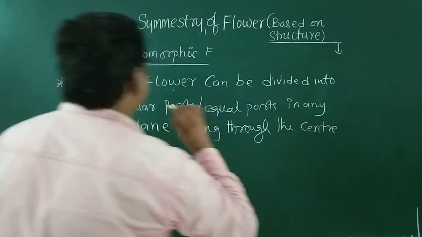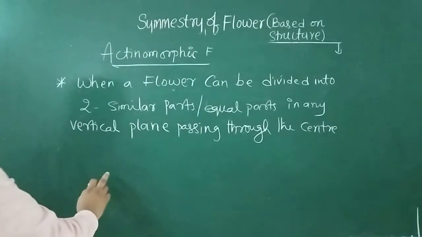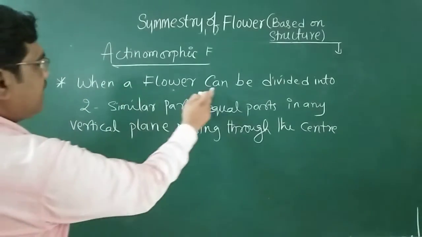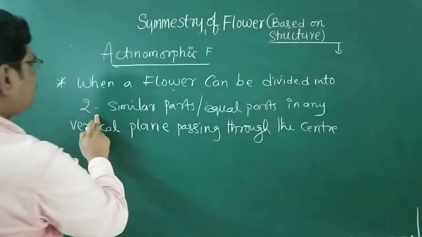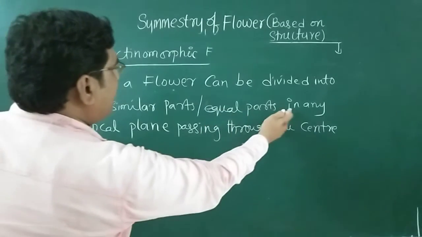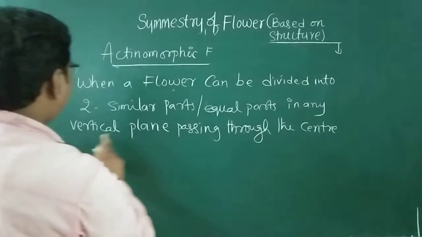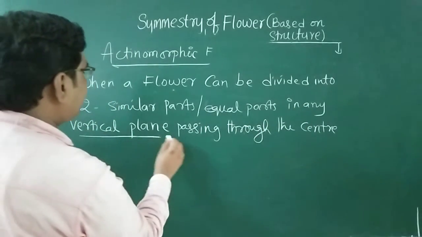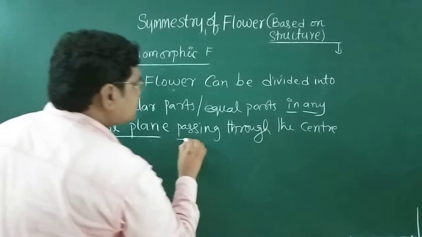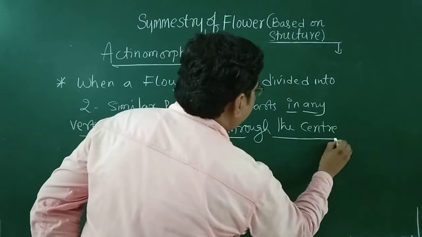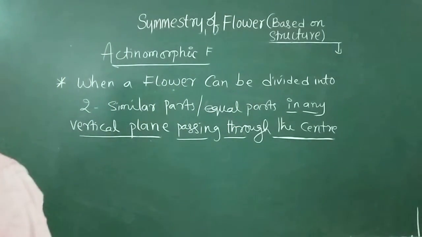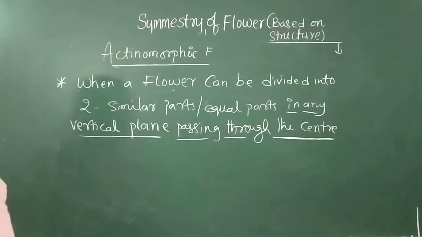So when a flower can be divided into two similar parts or equal parts in any vertical plane passing through the center, this is the definition of actinomorphic.